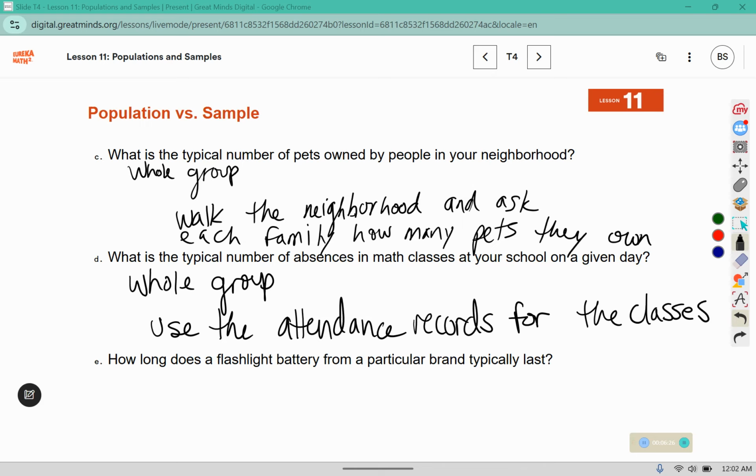How long does a flashlight battery from a particular brand typically last? Well, we're not going to collect data on every single battery from that brand, so we would use part of the group here.